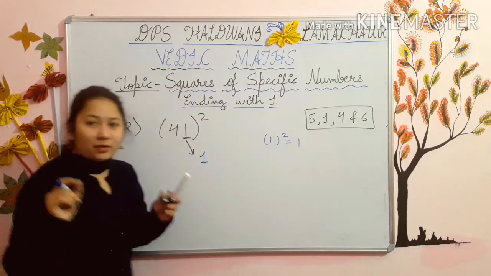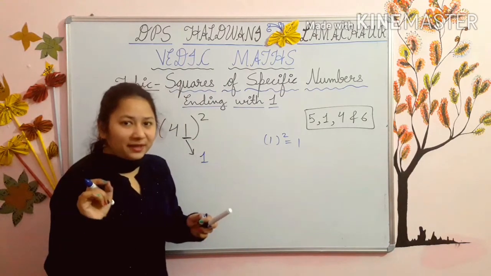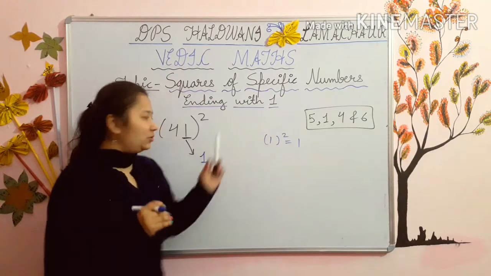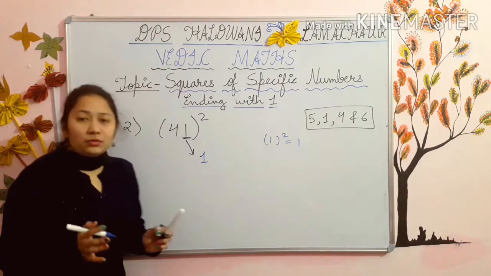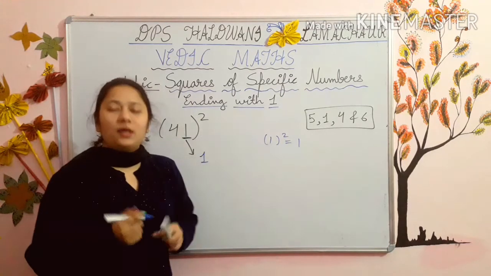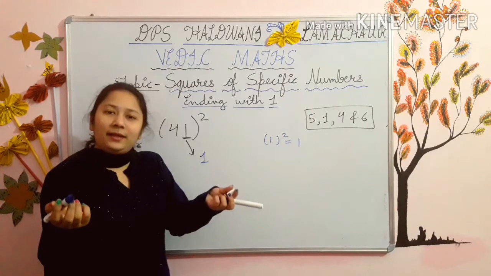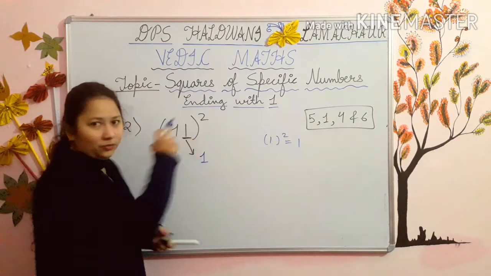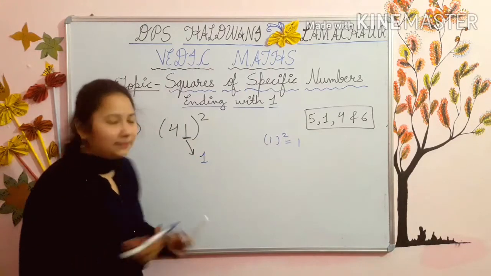As we have done, the square of 5 is 25, we have written 25 at the last. Same with the square of 1, which is 1. So we are writing 1. Now students, as you can see, the square of 1 will always be 1. So you can write 1 directly at the end, because you know that whenever we do the square of 1, it will give 1 only.